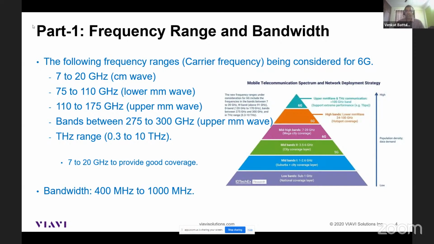Here you now see starting at 400 megahertz, going up to a terahertz kind of bandwidth. So it's not the carrier frequency anymore. You're thinking about that kind of bandwidth to provide 6G communications.